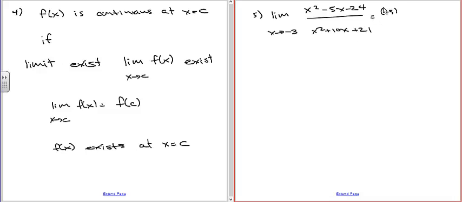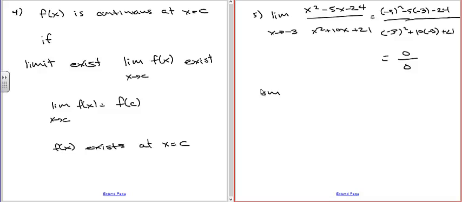So we've got negative 3 squared minus 5 times negative 3 minus 24, divided by negative 3 squared plus 10 times negative 3 plus 21. So let's see what we get. 9 plus 15 is 24. 24 minus 24 is 0. Here we get 9 minus 30 is negative 21. Plus 21 is 0. So it is indeterminate.